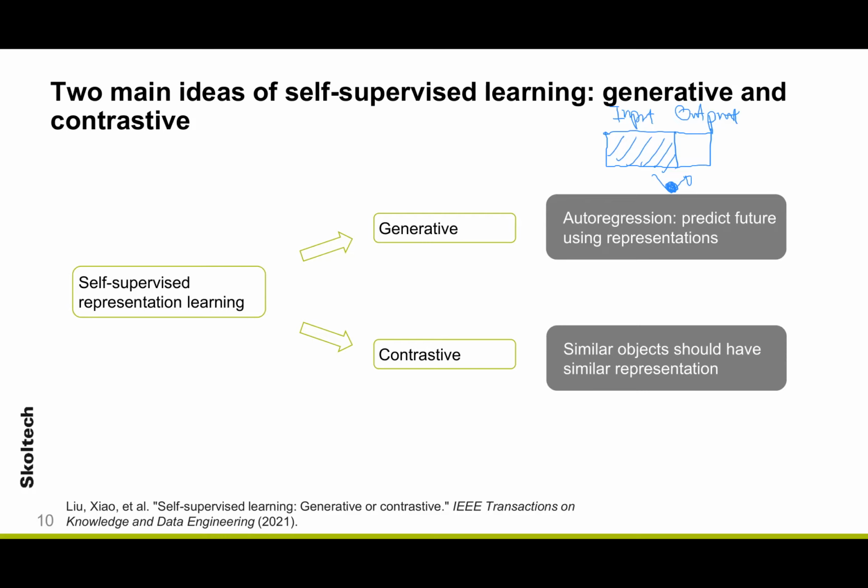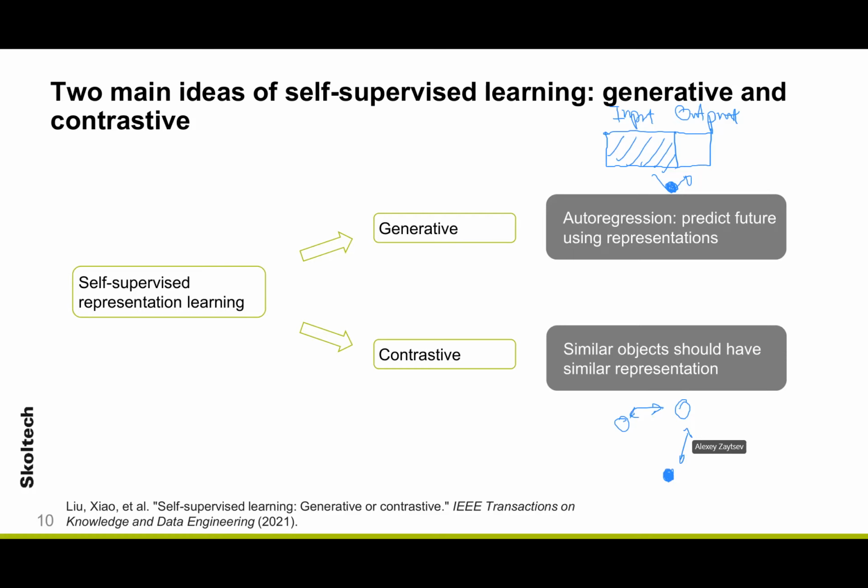We have another type of self-supervised representation learning called contrastive learning. The main idea here is that if you have similar objects, the representations should be similar. If you have distinct objects, then the representations should be distinct. So basically, if you have two white balls in a Euclidean space, and one black one, we want the distance between the white balls to be small and between white and black to be large enough.